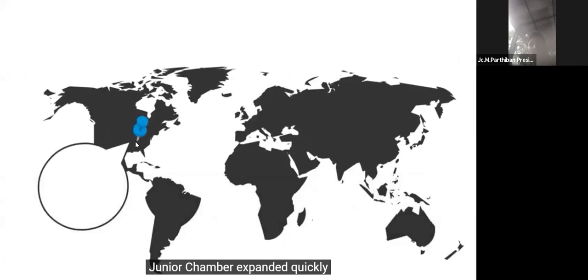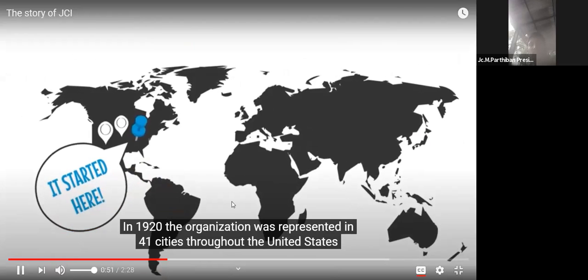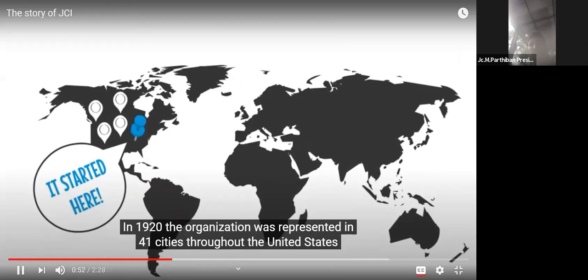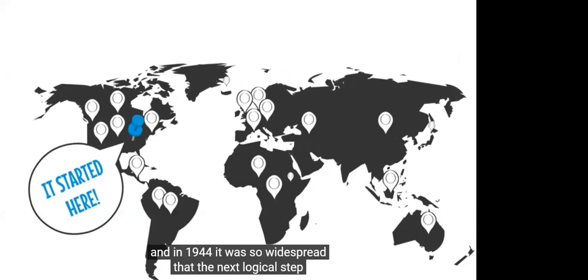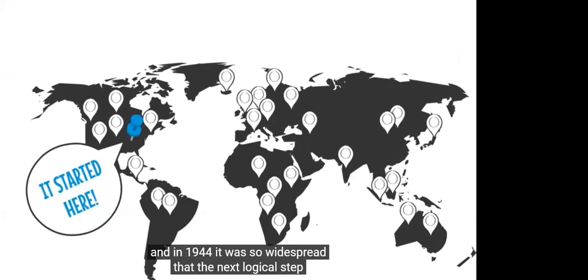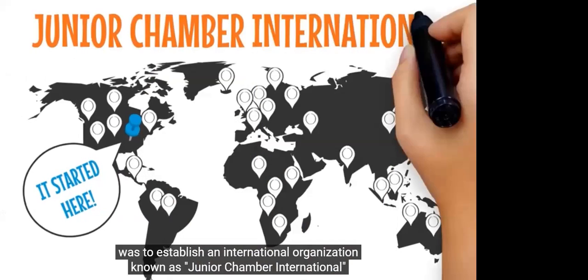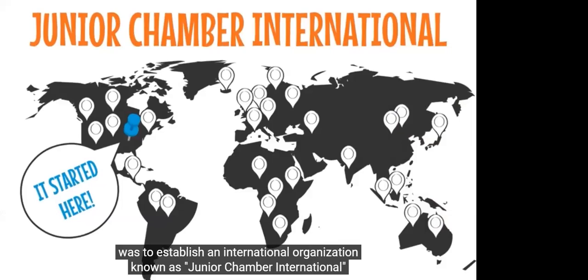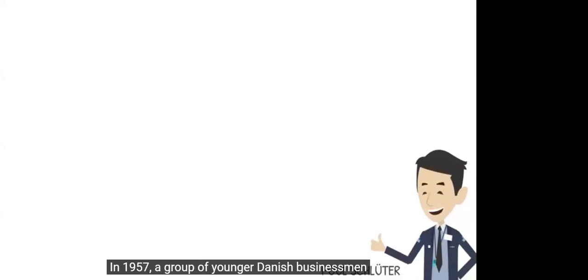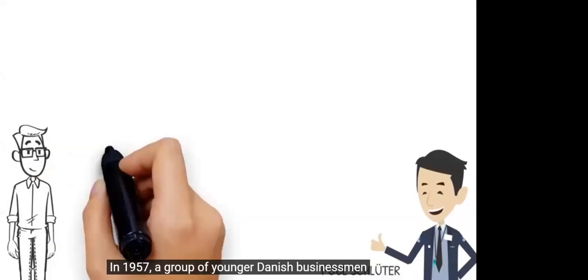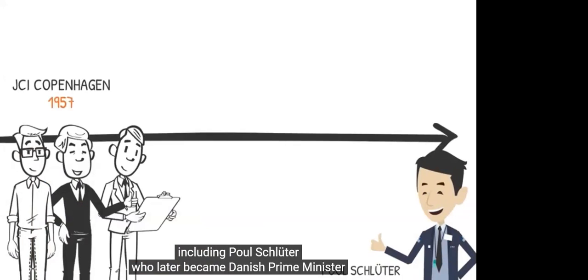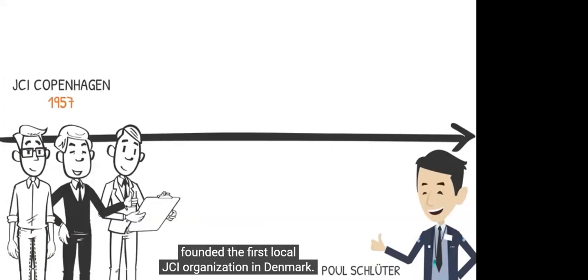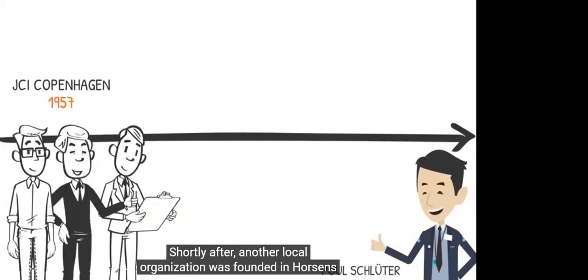Junior Chamber expanded quickly. In 1920, the organization was represented in 41 cities throughout the United States, and in 1944, it was so widespread that the next logical step was to establish an international organization known as Junior Chamber International. In 1957, a group of younger Danish businessmen, including Poul Schlüter, who later became Danish Prime Minister, founded the first local JCI organization in Denmark.